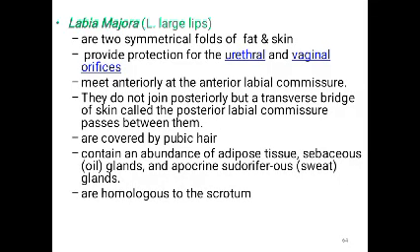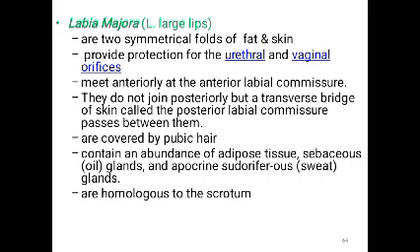Labia majora, or large lips, are two symmetrical folds of fat in the skin that provide protection for the urethral and vaginal orifices. They meet anteriorly at the anterior labial commissure. They do not join posteriorly, but a transverse bridge of skin called the posterior labial commissure passes between them.